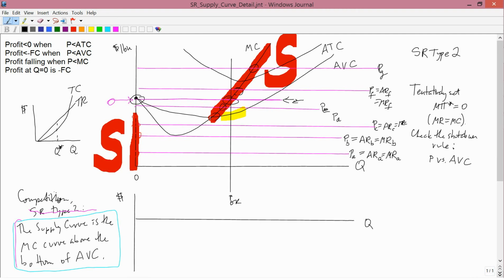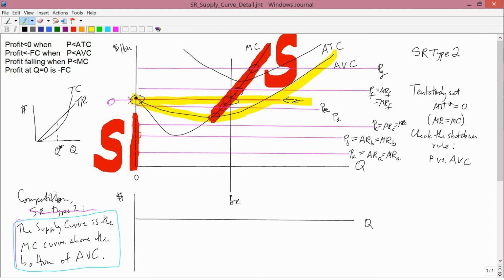Well, at 0, the average variable cost curve and the price curve are equal to each other. See, the average variable cost curve comes in like this, and the price line is this one. And so they're equal at 0.